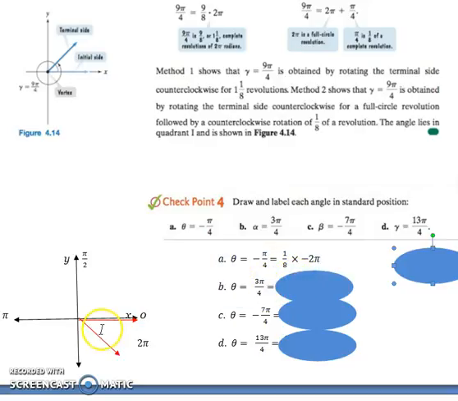Positive 3 pi over 4 would just be 3 of those. So again, you start here. There's 1 pi over 4, there's 2 pi over 4, there's 3 pi over 4. Be about halfway, 135.